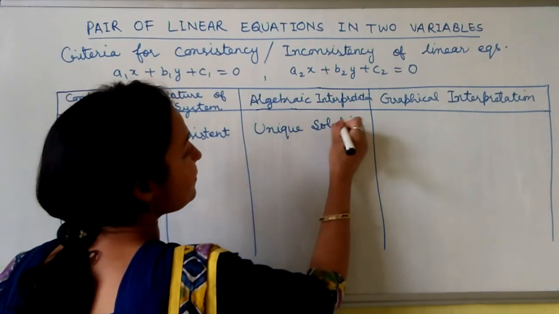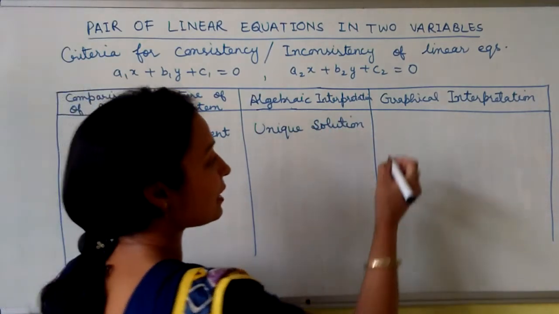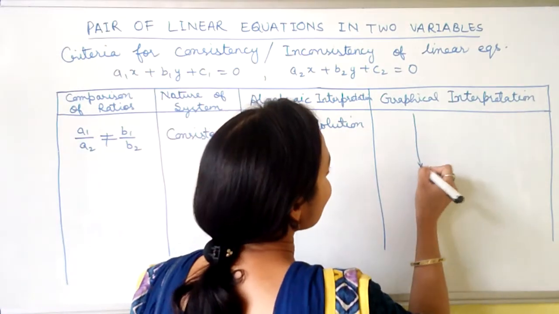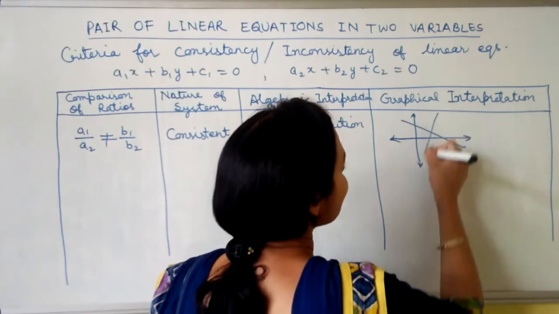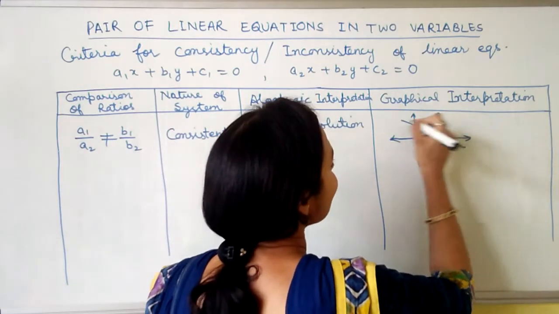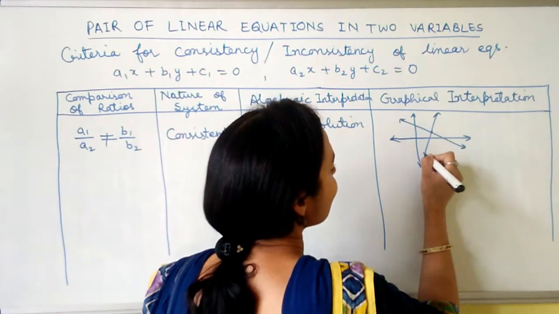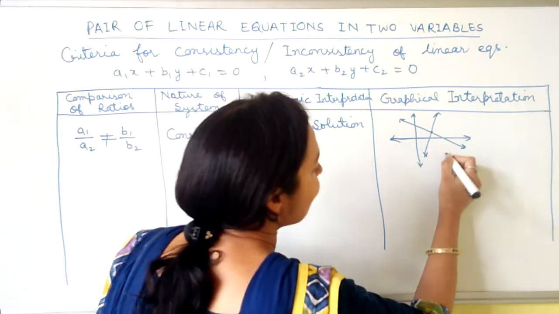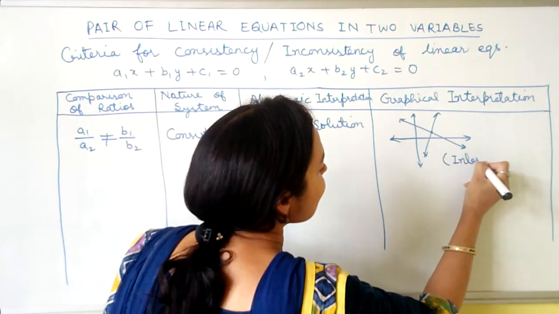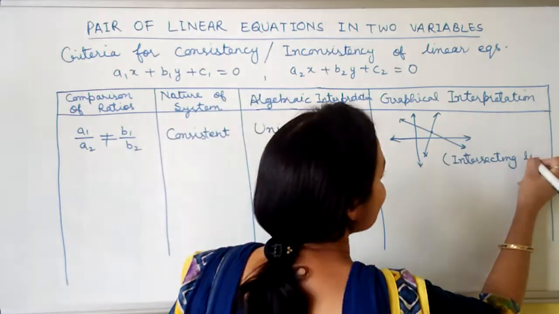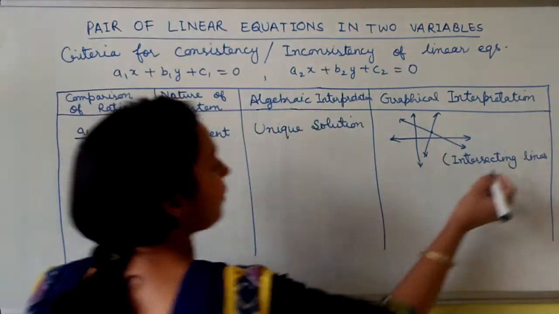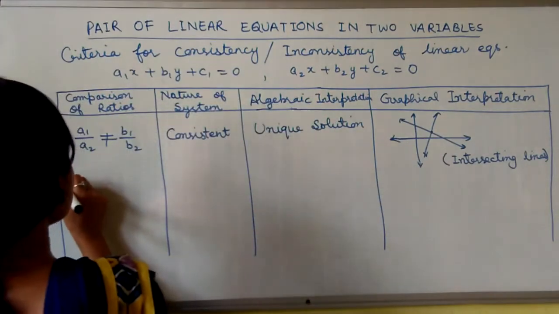And graphical interpretation says that, let us suppose we have two axes and we have a graph like this. There is only one unique solution. So these type of lines are called intersecting lines, right?